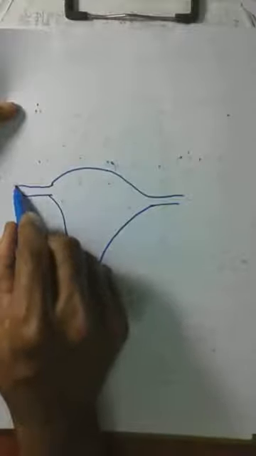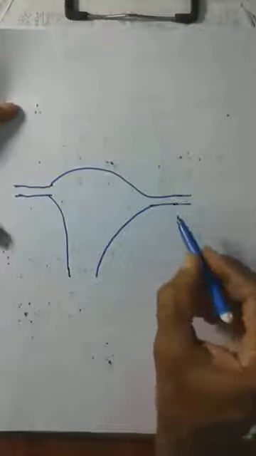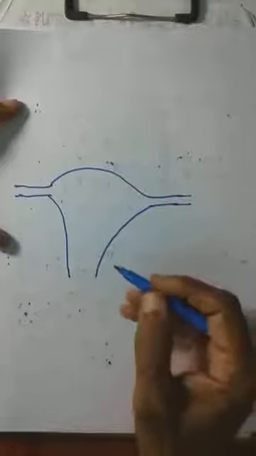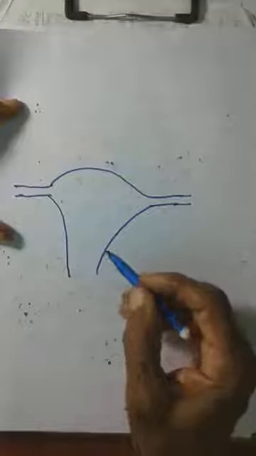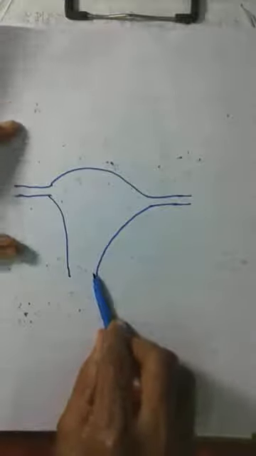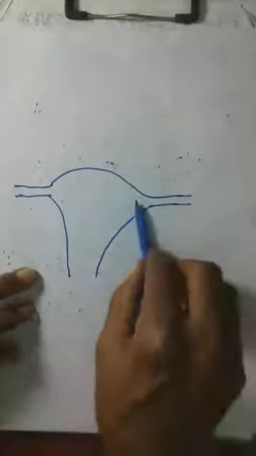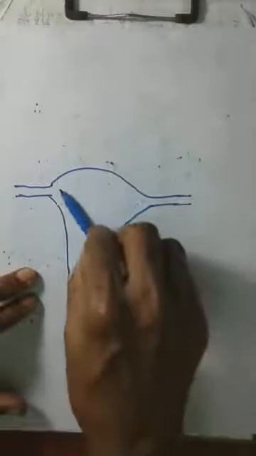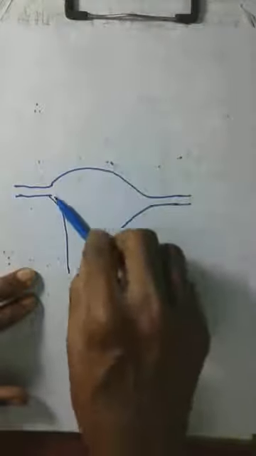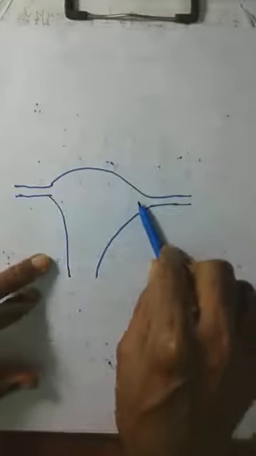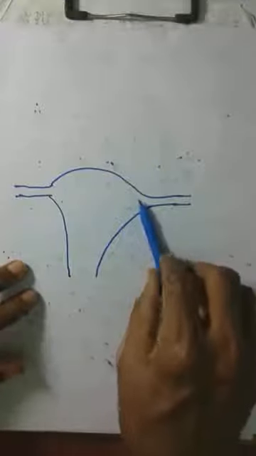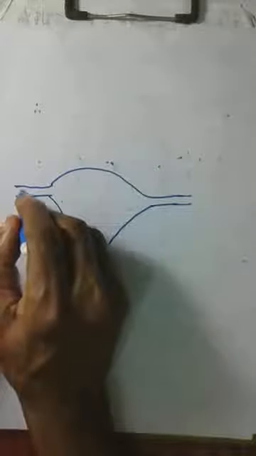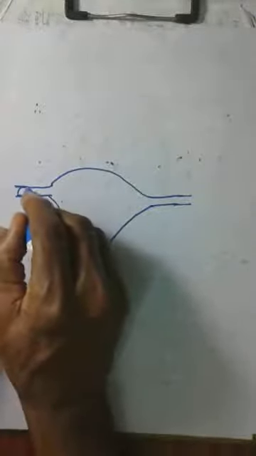This is the fallopian tube through which the ovum comes. Here, normally the gamete is implanted on the wall of this uterus. Instead of implanting the gamete here, sometimes it may get stuck here and grow in this fallopian tube.